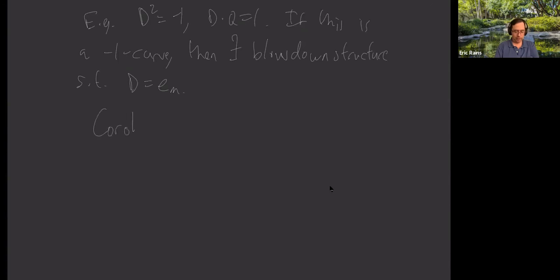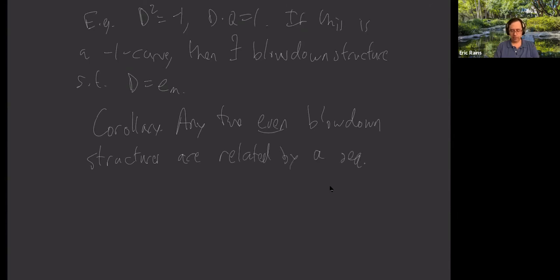And this implies any two even blowdown structures are related by a sequence of reflections. Well, in particular, legal reflections.